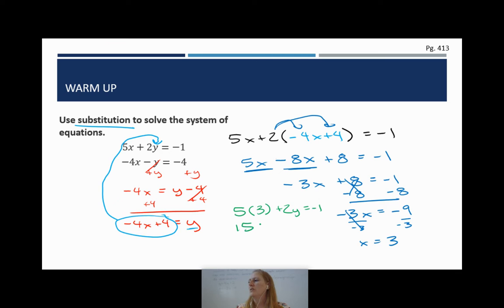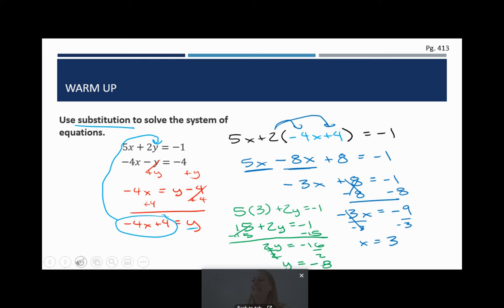That, of course, is 15 plus 2y equals -1. If I subtract 15, that gives me 2y equals -16. If I divide by 2, I find that y equals -8.